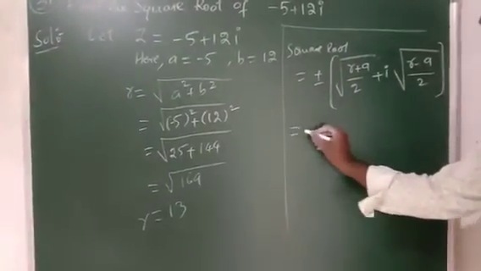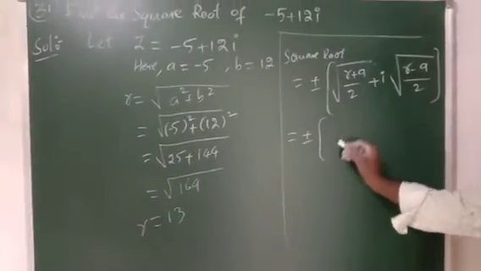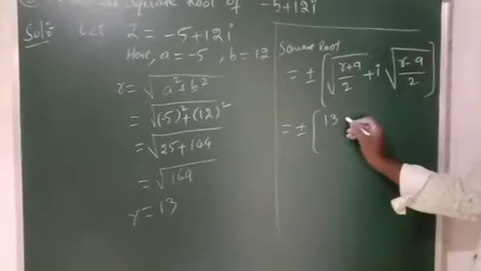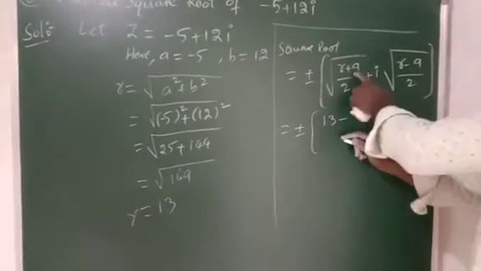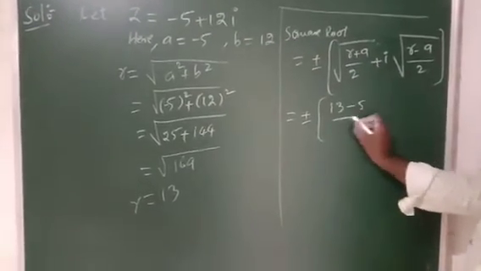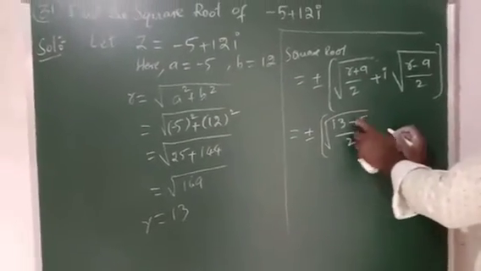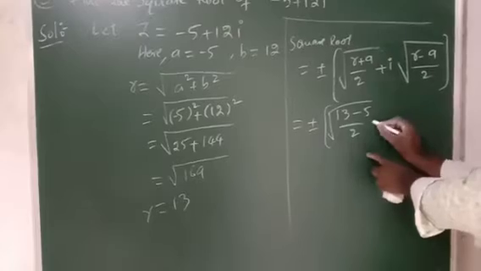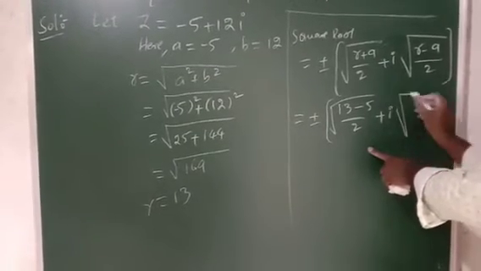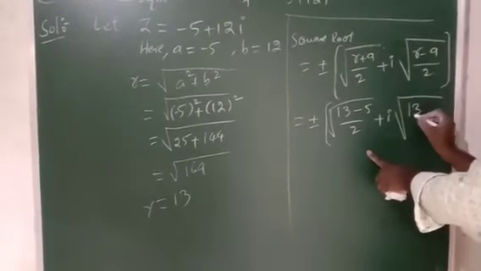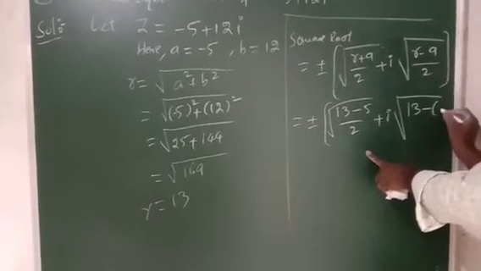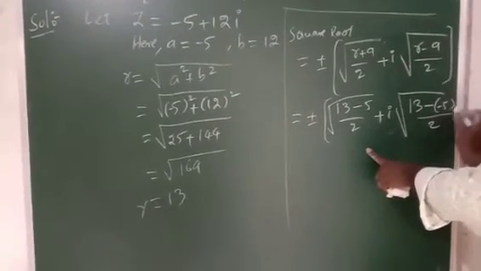So this is equals plus or minus under root of (13 minus 5) by 2 plus i into under root of (13 minus (minus 5)) by 2.